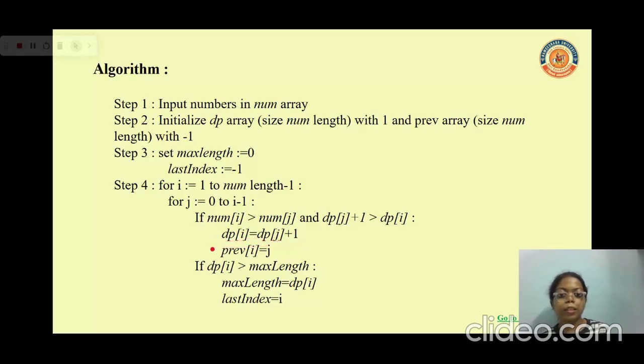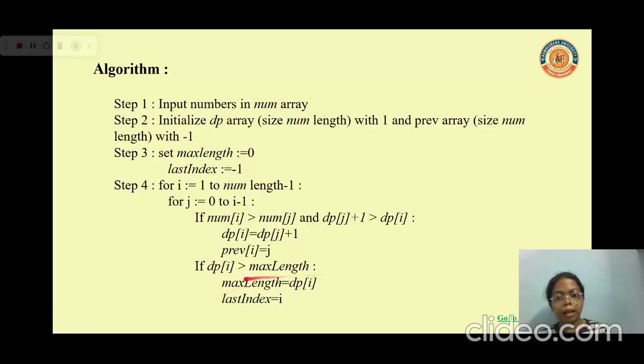So here if I get something greater than this, then I will update this DP value to say that I got some more elements to add on in the subsequence, and previous I will update with j, meaning I am keeping note that I have got some element in previous to consider in the subsequence.